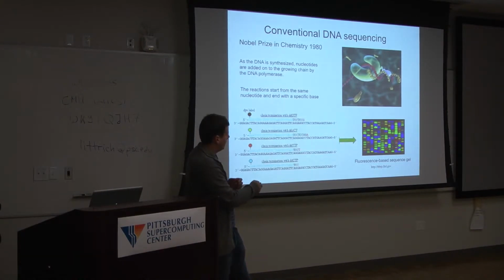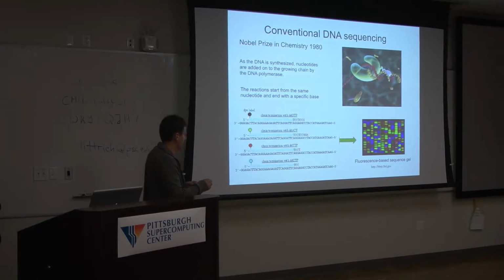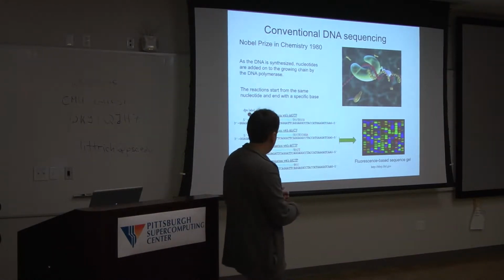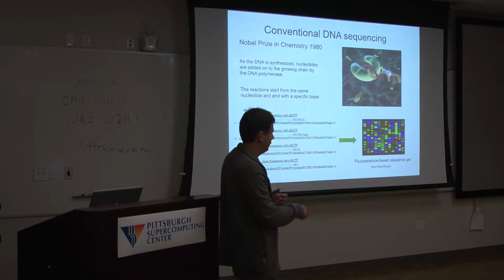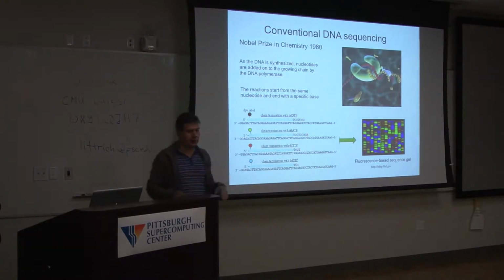This little guy can still take a nucleotide that has a fluorophore label attached to it and incorporate it into the growing strand. But once it's done, it cannot add another one. So basically, you end up with a mixture of fragments that have different labels at the end. And the only thing left to determine the DNA sequence is to find out the length of the fragments, which you do through gel or capillary electrophoresis. So you end up with a matrix like that, and then you align. That's basically how it was done previously.